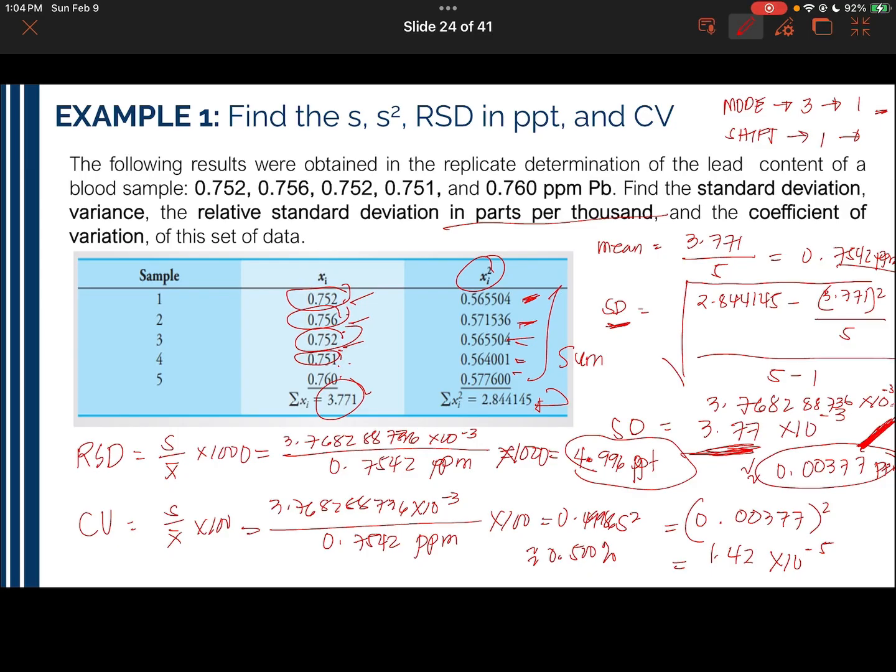Following the significant figures, 5.00 PPT. And the mean, following the significant figures, is 0.754 ppm.